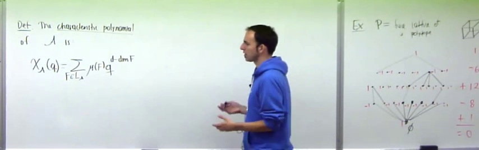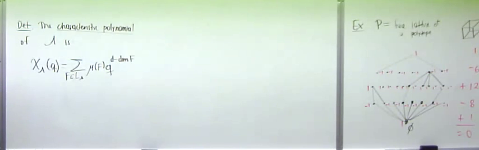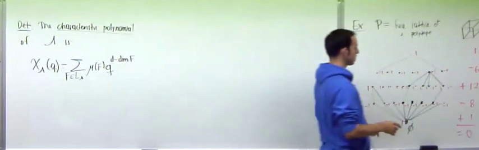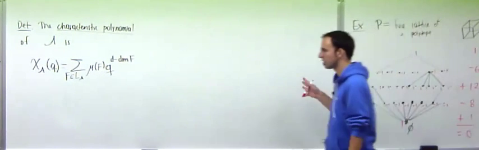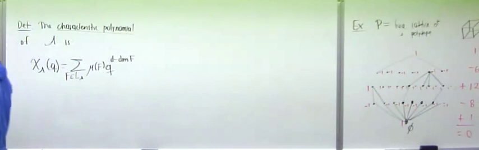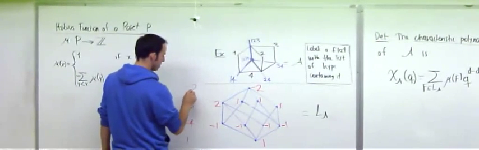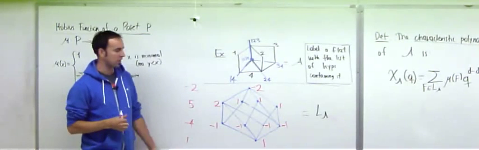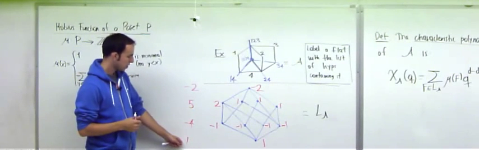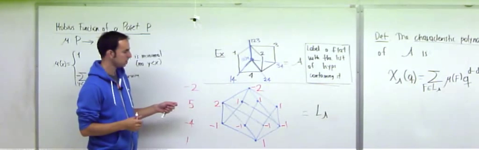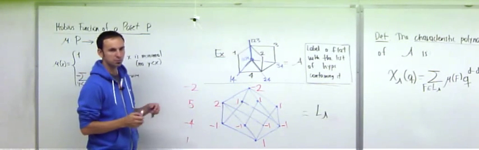What am I doing here? Well, it's actually easier to just do this. It's kind of like this tally that I was doing here. You just take these Mobius numbers and you add them by row. So 1 minus 4 plus 5 minus 2. And you make a polynomial out of this, which is q cubed minus 4q squared plus 5q minus 2.